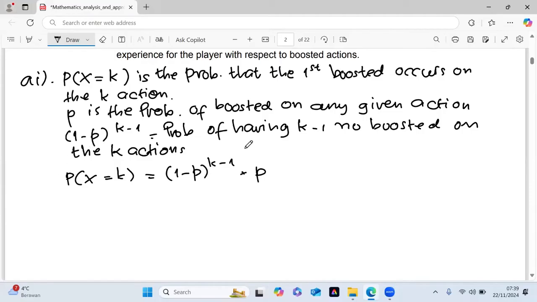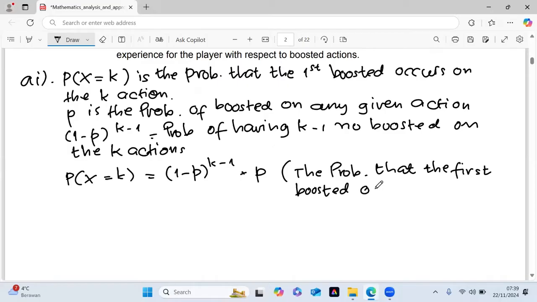This is the formula of the probability that the first boosted occurs on the k action. Better if I'm writing here.